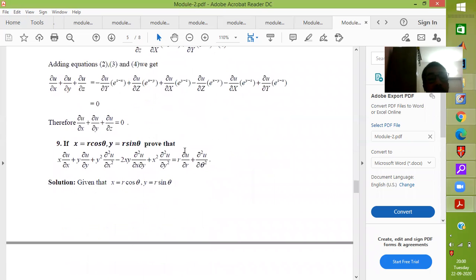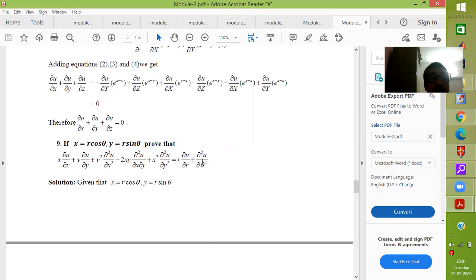Then question number 9 is an advanced problem where x and y are expressed in terms of polar variables r and theta, and you are asked to establish a result consisting of first order partial derivatives and second order partial derivatives.